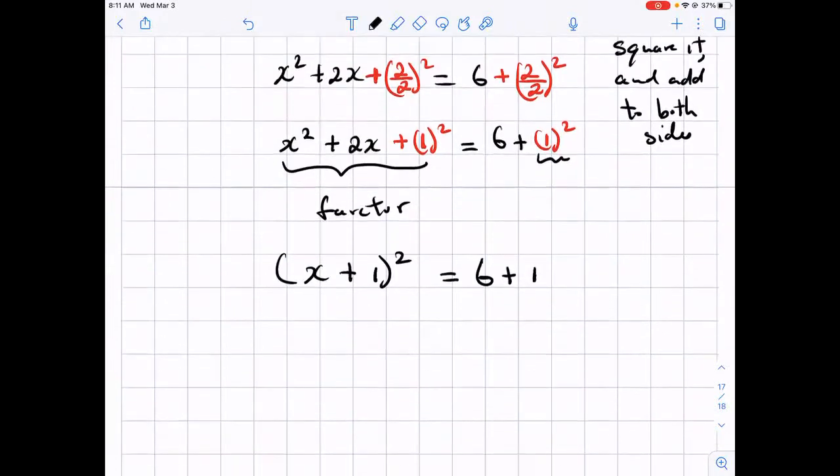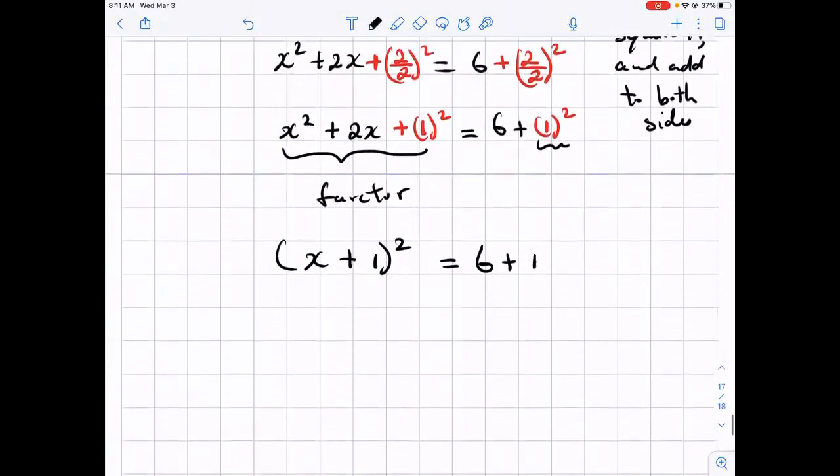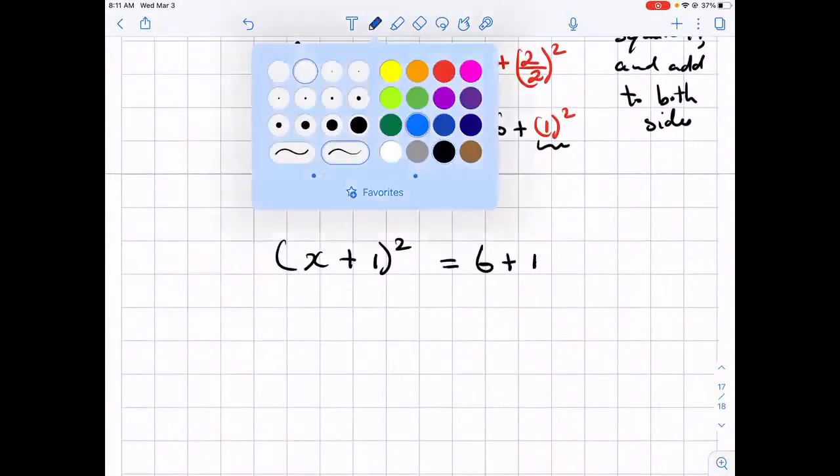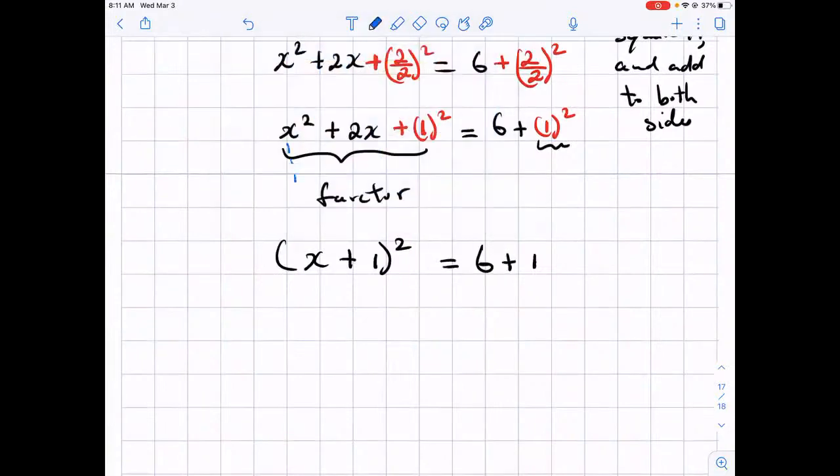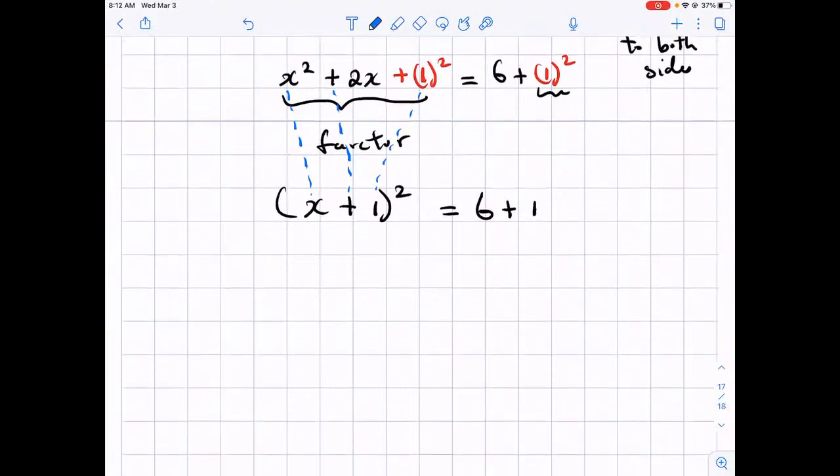Now you will see later on what I do here. So basically what I'm doing is like a shortcut. I take the x, and that goes in my parentheses. I bring down that sign, and that 1 also goes there. And the square now goes on the outside of it. That's like a little shortcut that you will see will always work over and over again, right?